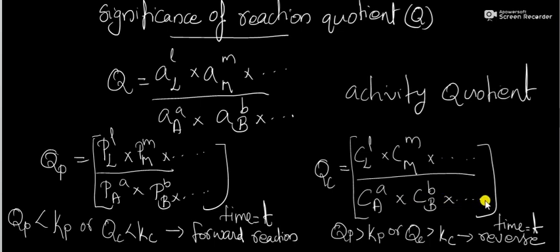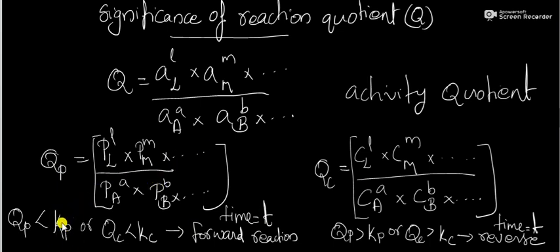Here also these are not necessarily equilibrium values. All these reaction quotients are at a specific time T. Then the determination of the reaction quotient, that is our QP or QC at a particular time T, and its comparison with the equilibrium constants.